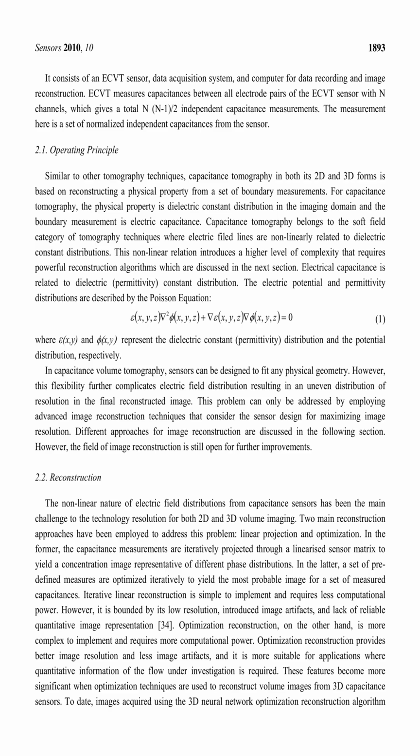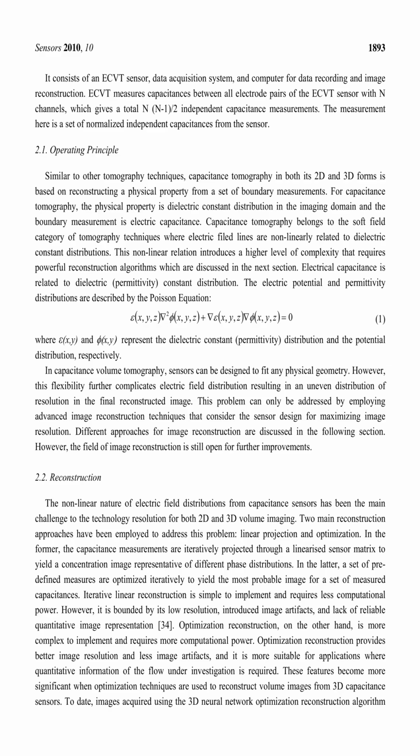1. Operating principle. Similar to other tomography techniques, capacitance tomography in both its 2D and 3D forms is based on reconstructing a physical property from a set of boundary measurements. For capacitance tomography, the physical property is dielectric constant distribution in the imaging domain, and the boundary measurement is electric capacitance.